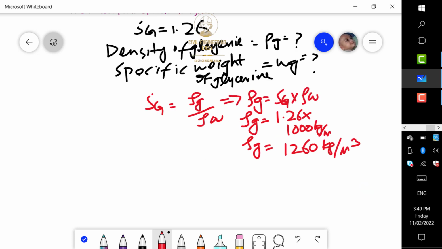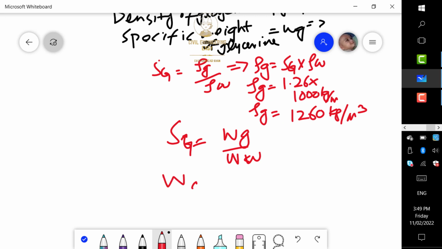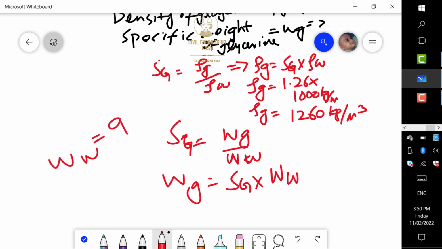Now we are required to find out the specific weight of glycerine. For that we have the equation that specific gravity is the ratio between the specific weight of glycerine divided by the specific weight of water. The specific weight of glycerine will be equal to the specific gravity of glycerine multiplied by the specific weight of water. The specific weight of water is constant, that is 9.81 kilonewton per cubic meter.